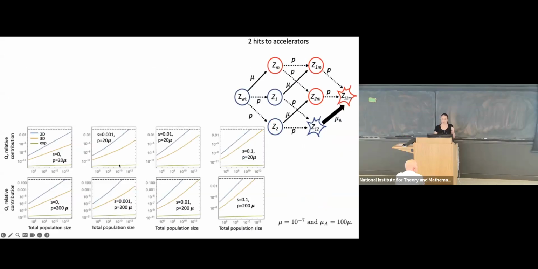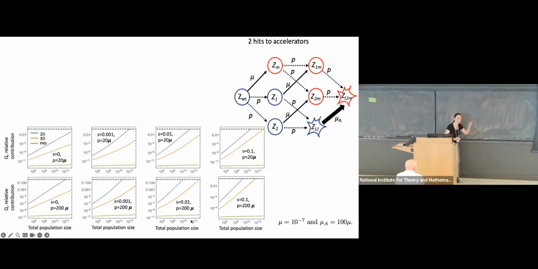Let's see. So in the absence of space, in exponentially growing colonies, the contribution of that mechanism is 10 to the -11 or so compared to 1, right? So you never see this. But you can play with parameters, right? But in 2D or 3D, you start noticing a very robust contribution of this mechanism for realistic population sizes.